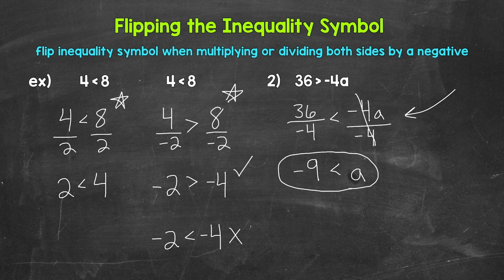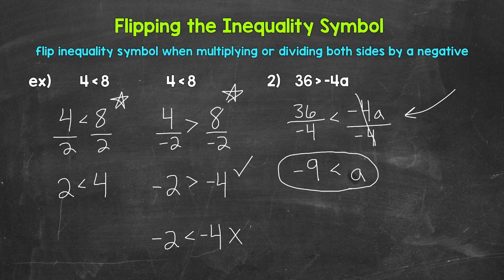If you forget to flip the symbol, when you go to check a solution, you'll notice that it won't work. So it's important to check, and then you can catch that mistake. Again, just remember, flip the inequality symbol when multiplying or dividing both sides by a negative.